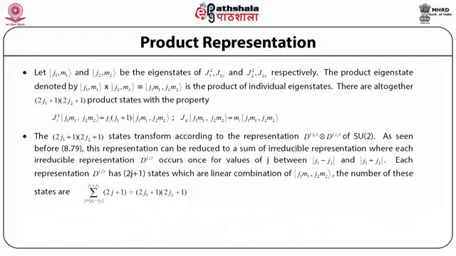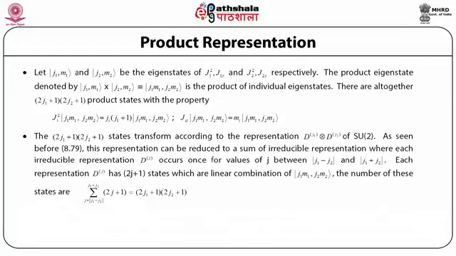These (2j1 plus 1) into (2j2 plus 1) states transform according to the product representation D^j1 times D^j2 of SU(2). This representation can be reduced to a sum of irreducible representations, because this direct product representation, in general, is not irreducible, but it can be reduced to a sum of irreducible representations where each irreducible representation D^j occurs once for all values of j. What are the possible values of j in the product representation?